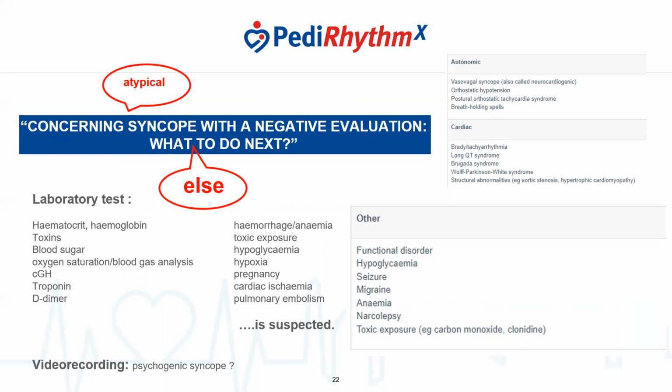The emergency clinician must verify that teenage girls who report no sexual intercourse are really not pregnant. Troponin and D-dimer should be tested if cardiac ischemia-related syncope or pulmonary embolism is suspected.